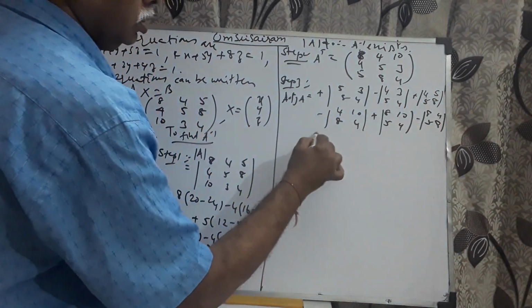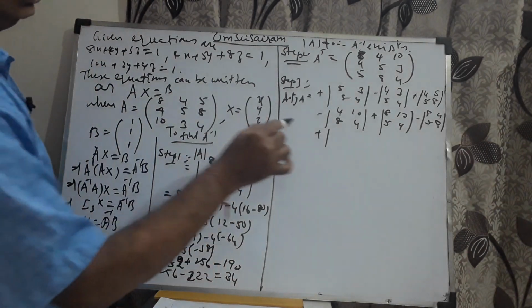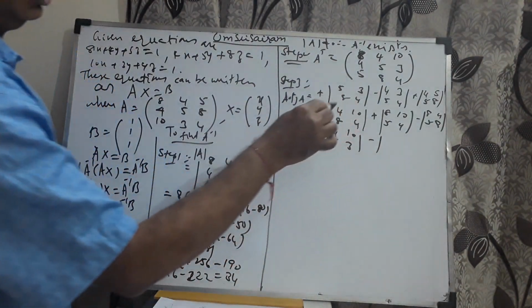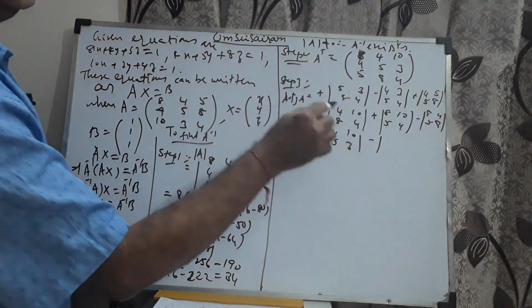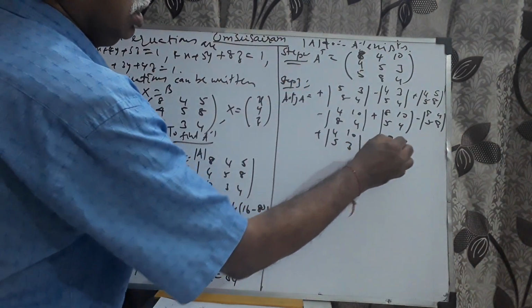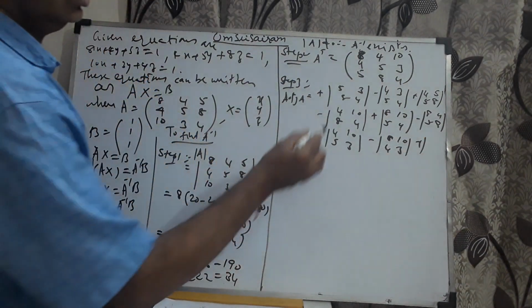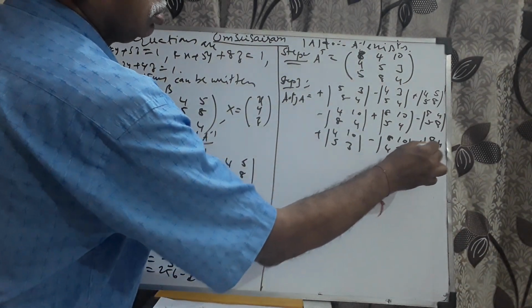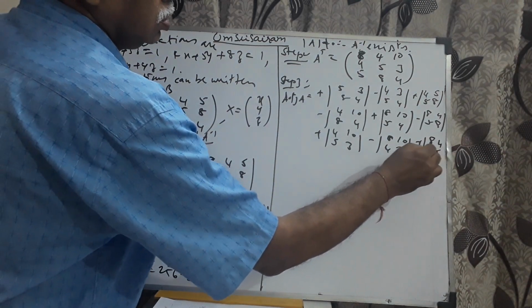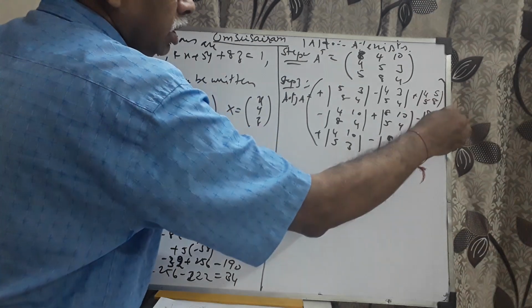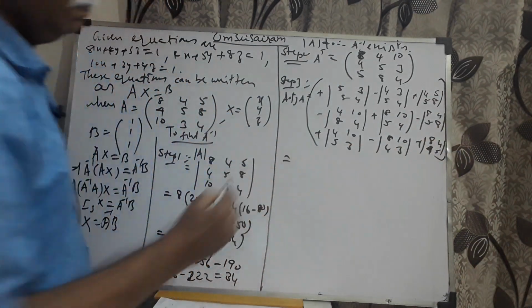Then plus determinant I have 4, 10, 5, 3. And minus determinant I have 8, 10, 4, 3. Then plus determinant I have 8, 4, 4, 5. Then put the bracket. After all the 9 entries are written, put the bracket.